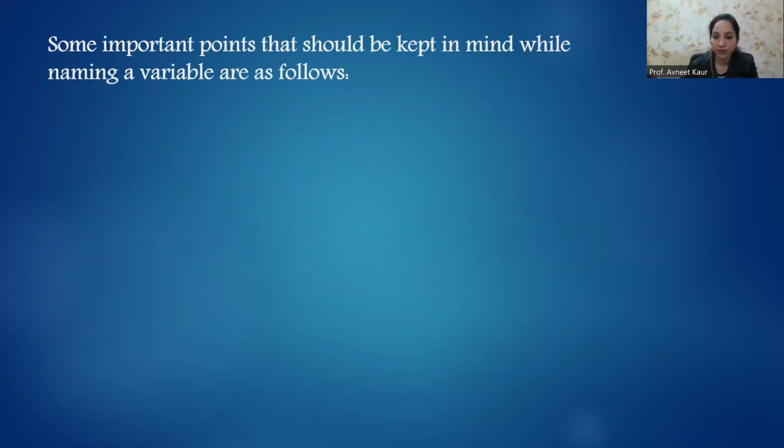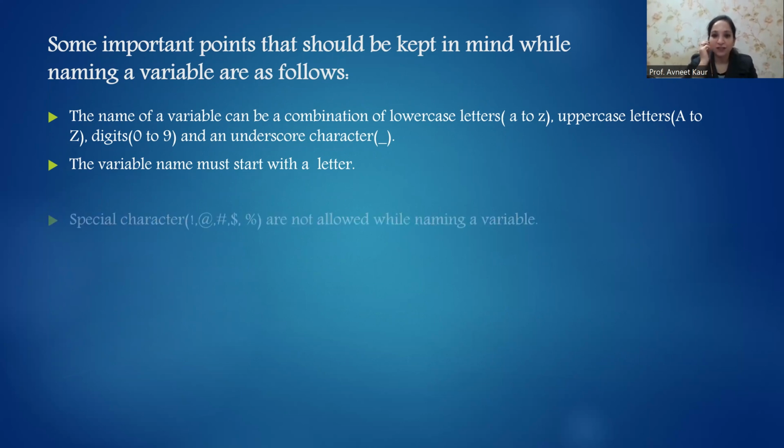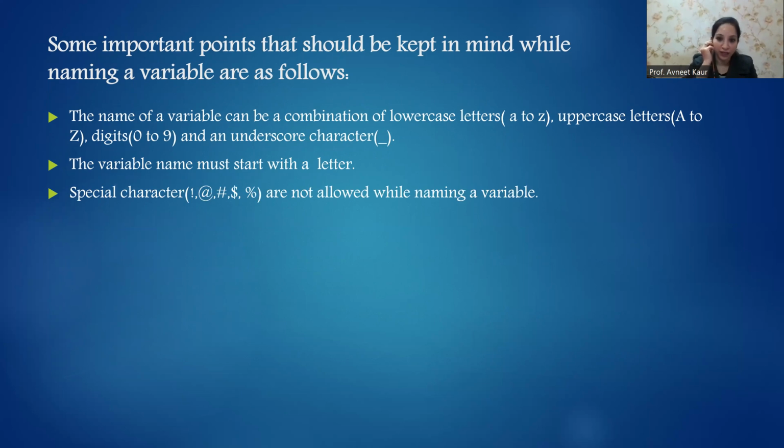Some important points to keep in mind while naming a variable are as follows. The name of a variable can be a combination of lowercase letters, uppercase letters, and the underscore character. The variable name must start with a letter. It cannot start with a digit. You cannot use a special character except underscore. Special characters are forbidden while naming a variable.